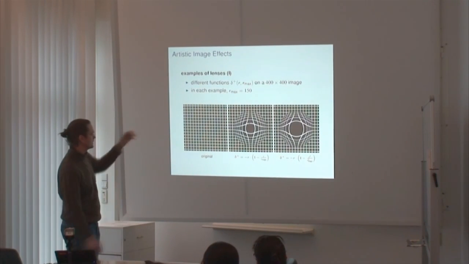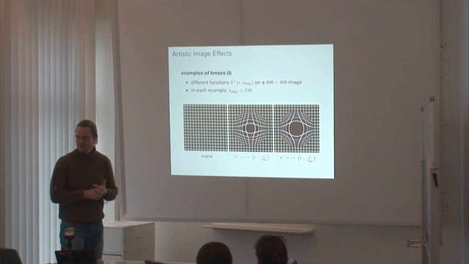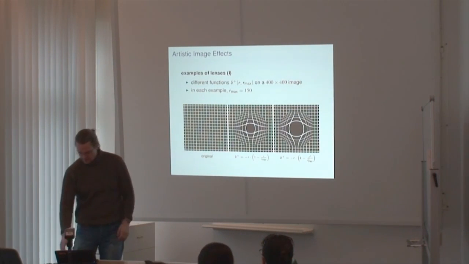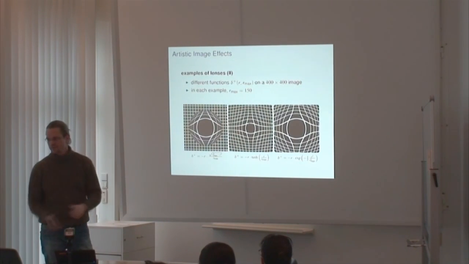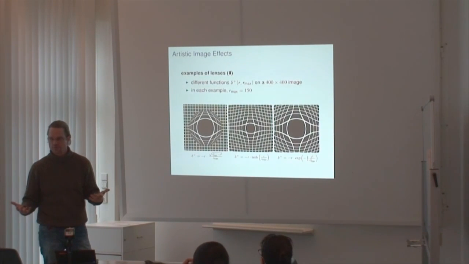What I'm trying to hit home here is that this is not science, right? How do you choose these? Whatever, you choose them. As long as they have those properties we just discussed, they will do the job.